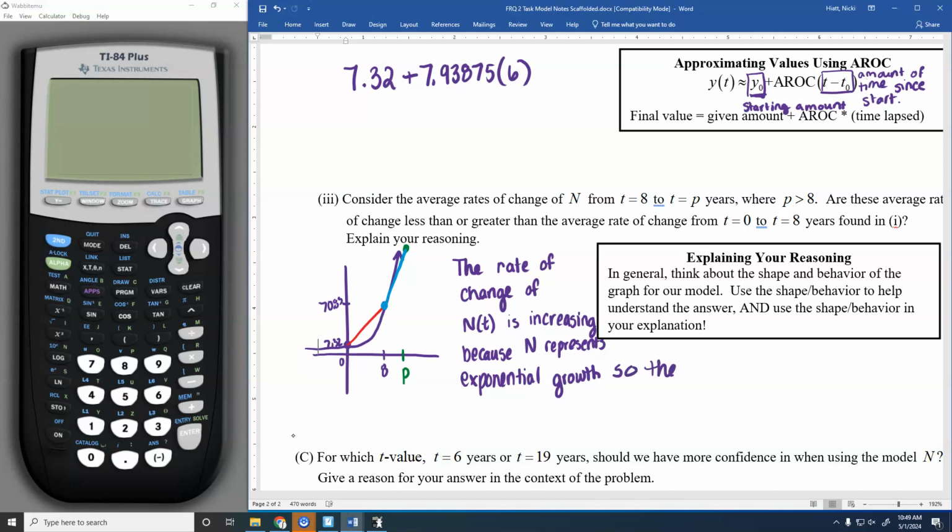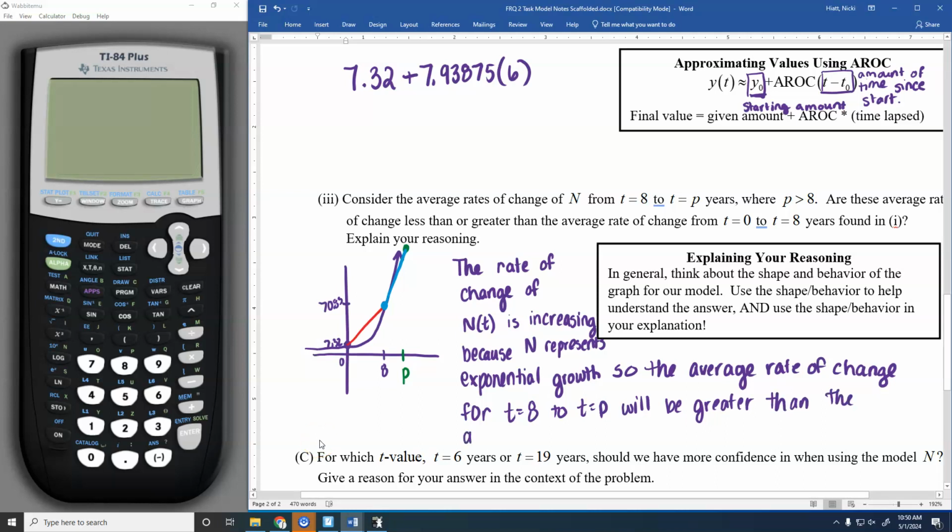So the average rate of change for t equals 8 to t equals p will be greater than the average rate of change from t equals 0 to t equals 8.